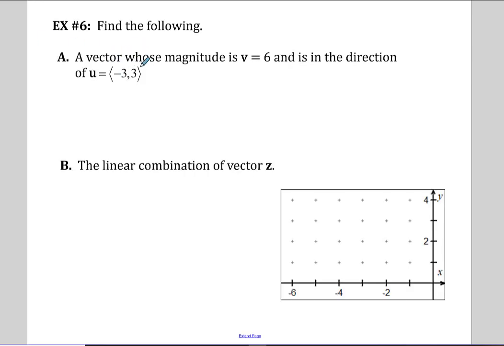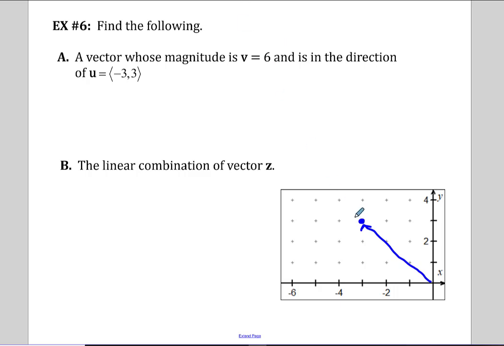In example 6, a vector whose magnitude is 6 and is in the direction of <-3, 3>, we're trying to write a new vector. So if we go -3 to the left and +3 up, we have a vector here that is a shortened version of the vector we want, which has magnitude 6.